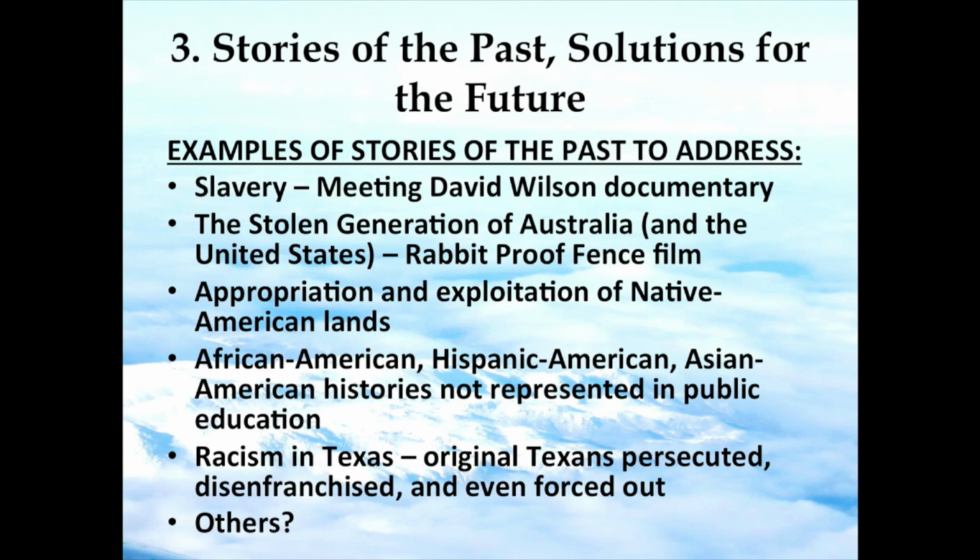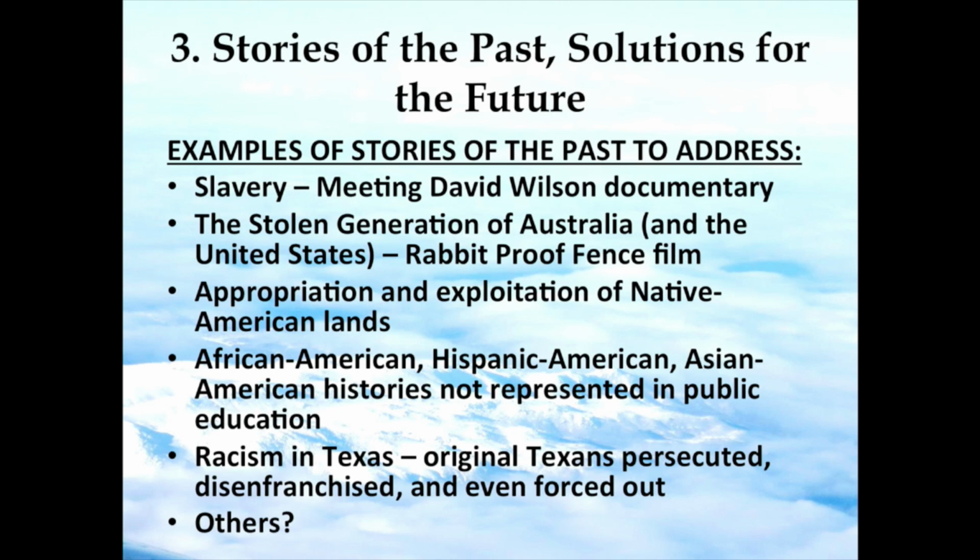And then the Stolen Generation of Australia. I don't know if you know about that. The young Aboriginal Australians were taken from their families since colonization up until the 1970s or 80s. They were taken out of their homes and put into boarding schools against their will, and they lost their identity.